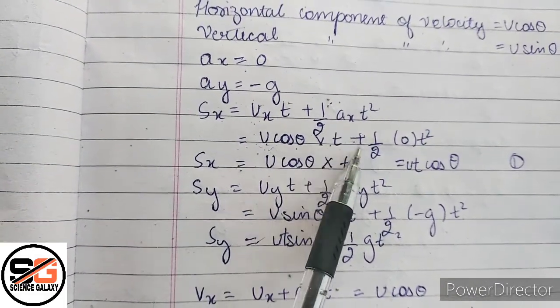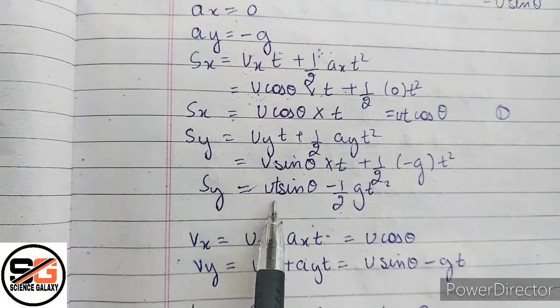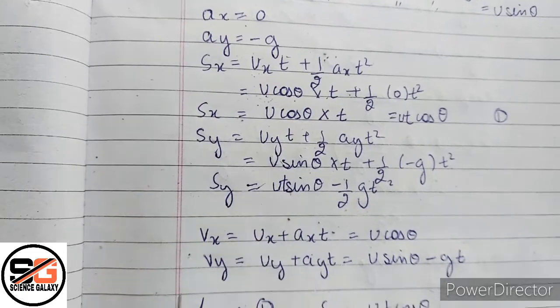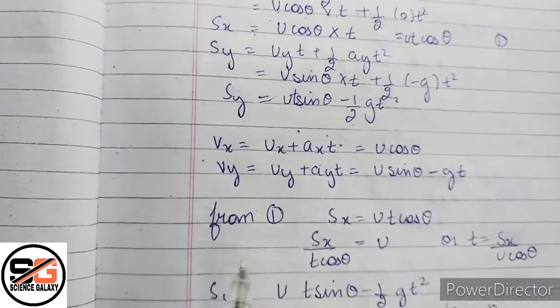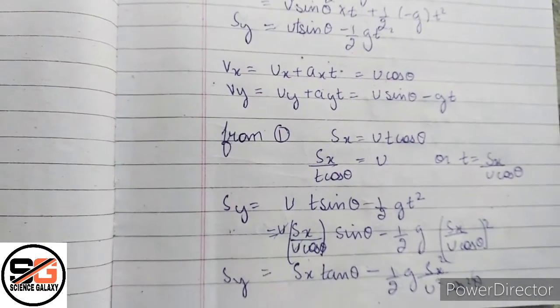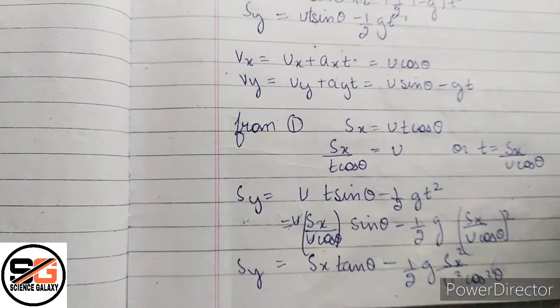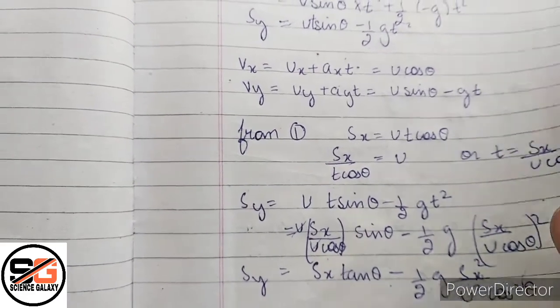From here we found the value of t to be Sx by u cos theta and substituted this value of t here, and this equation became a parabolic path. So under projectile motion the object covers a parabolic path.